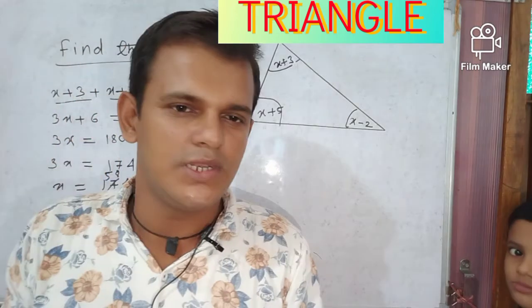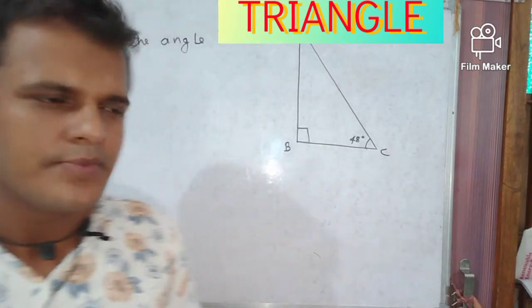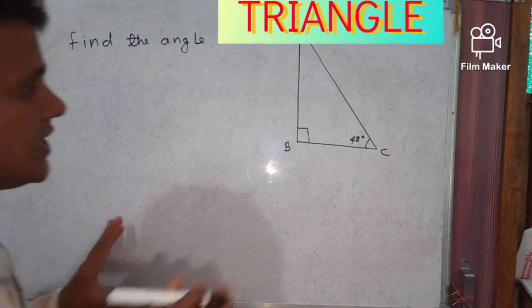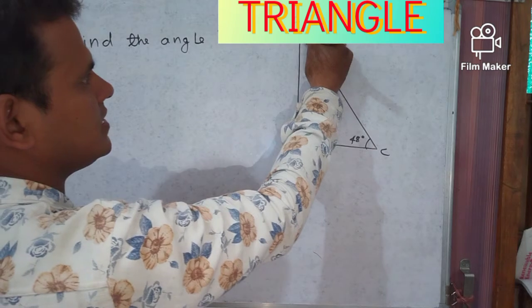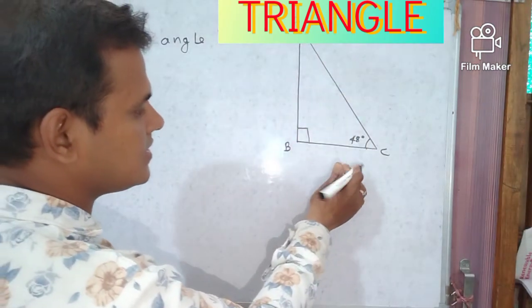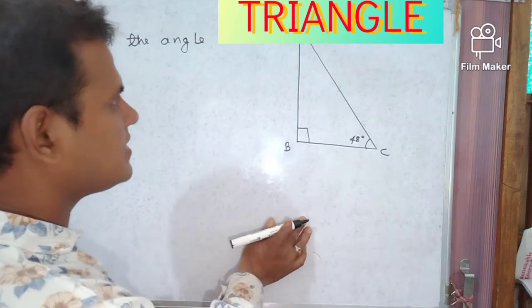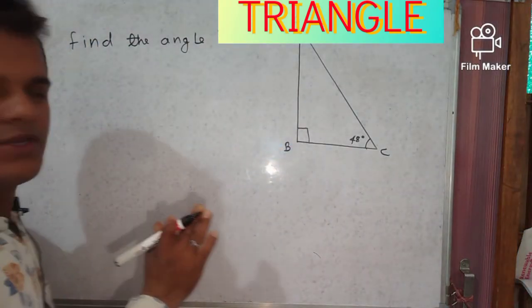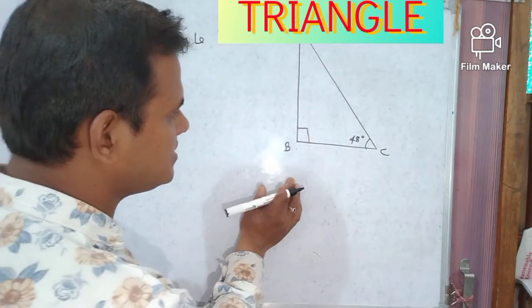Now move to question number 3. Friends, look at this picture. Find the angle A. In this figure, angle C is given as 48 degrees, but two angles are not given, angle B and angle A. But one thing is given.